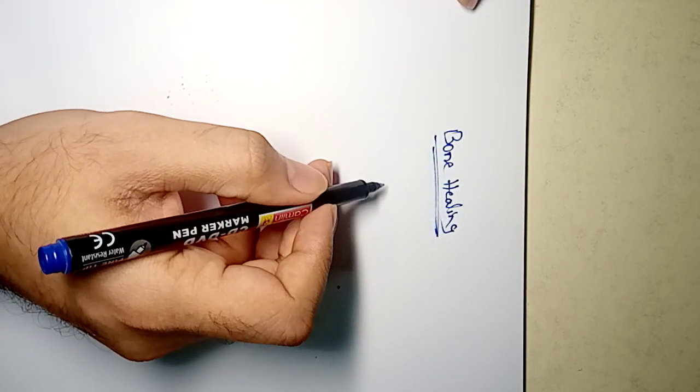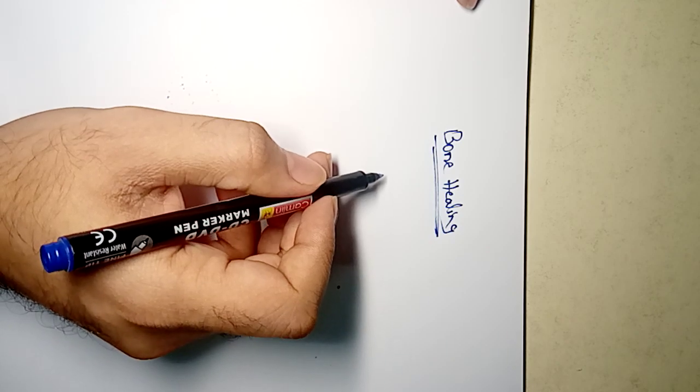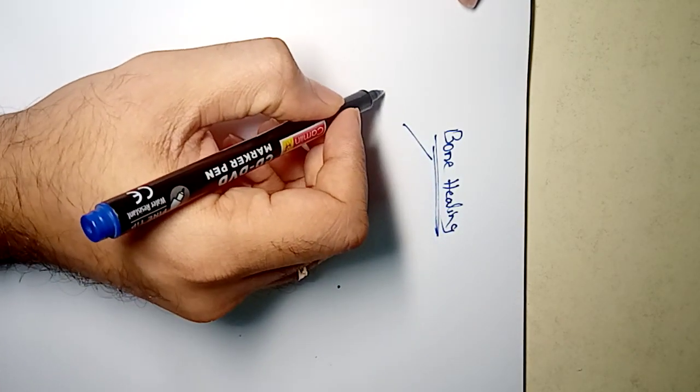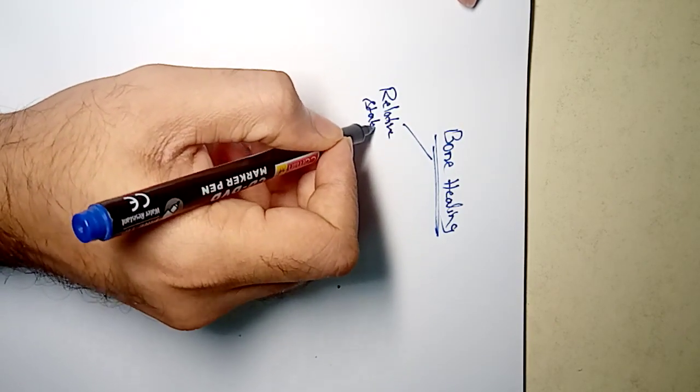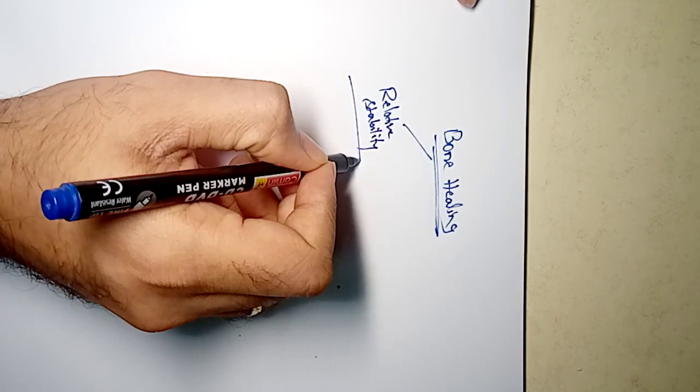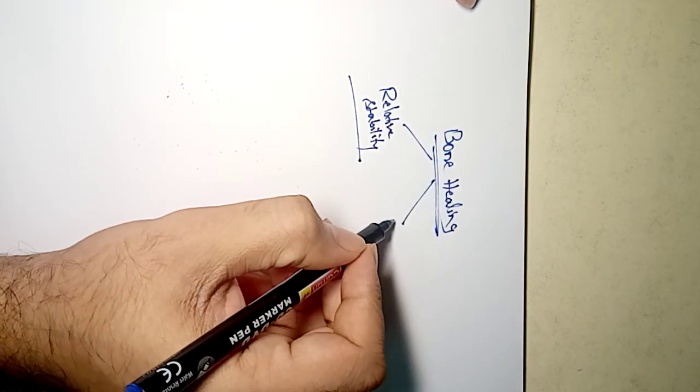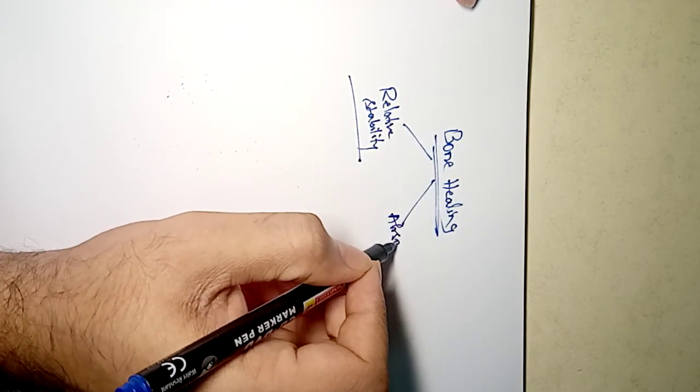So I would like to divide this into one which occurs in case of relative stability, and the one which occurs with absolute stability.